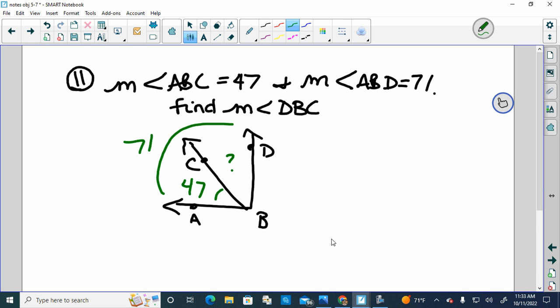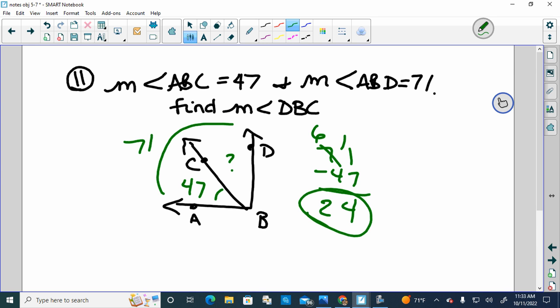How would we find the missing one? You're going to subtract 47 from 71, which I don't think I'll figure out here. 7, 8, 9, 10, 11.